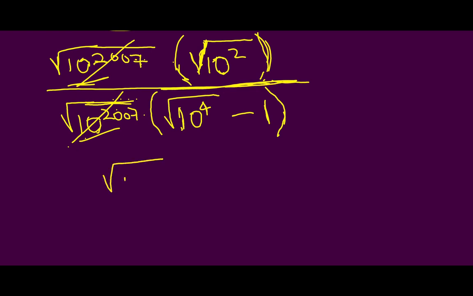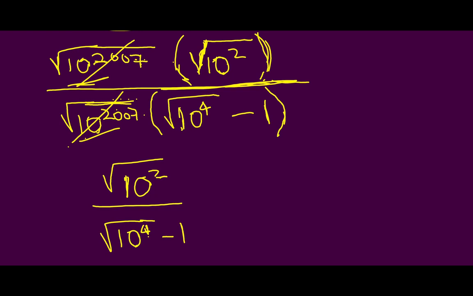That is square root of 10 to exponent 2 divide square root of 10 to exponent 4 minus 1.